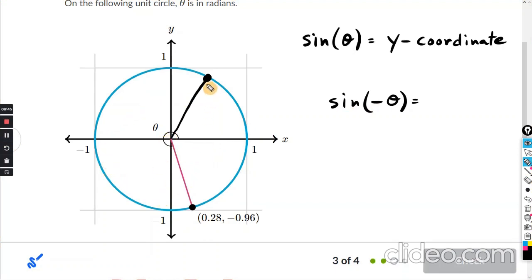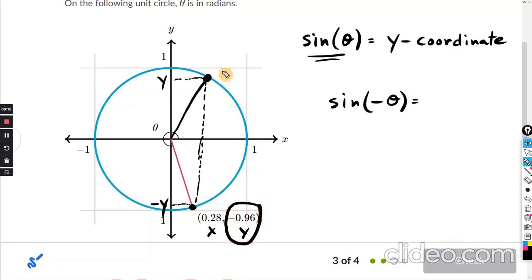And we can see that the x-coordinate, I didn't make it perfectly accurate, but the x-coordinate matches, but the y-coordinate is the negative version of the original. Since we're doing the sine, we're looking for the y-coordinate. Now, from the original, the y-coordinate was negative 0.96. So on this one here, it's going to be positive 0.96. So that's the sine of negative theta.